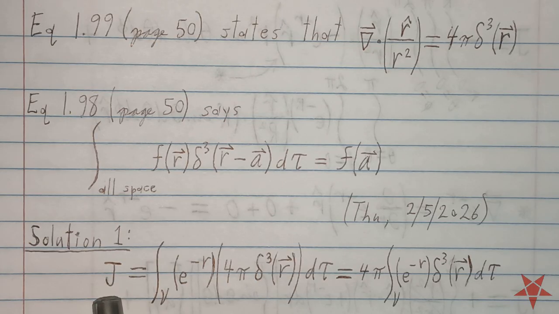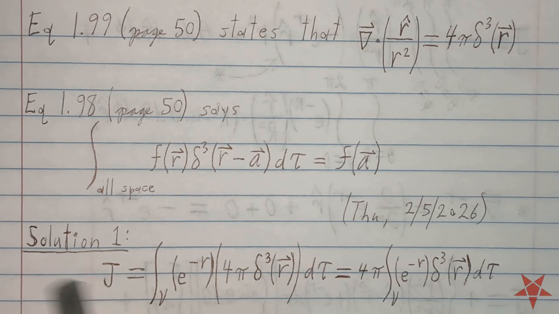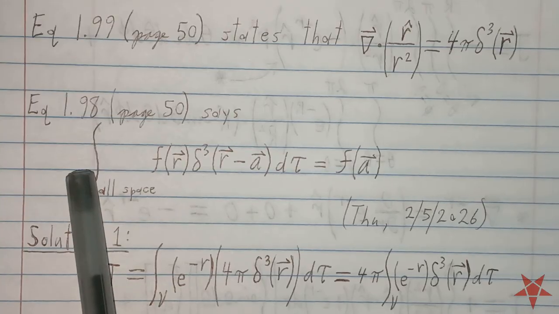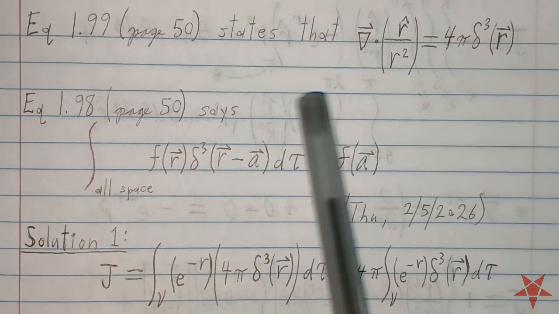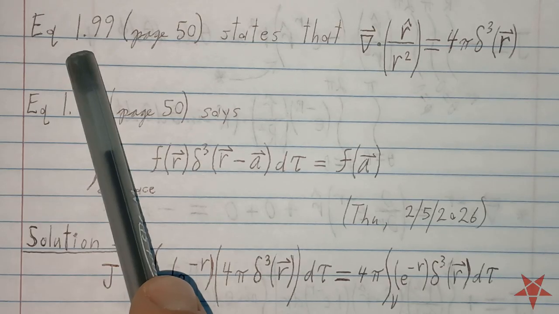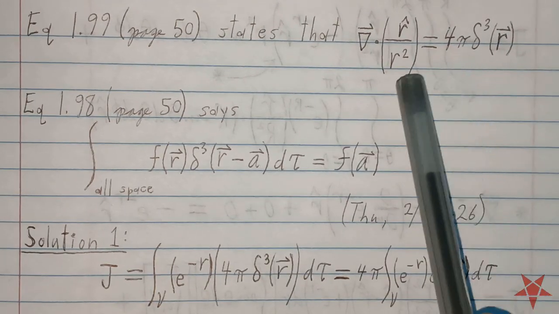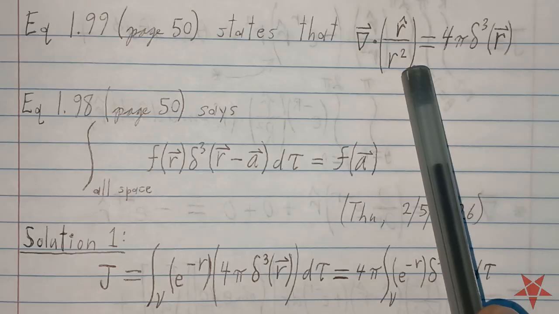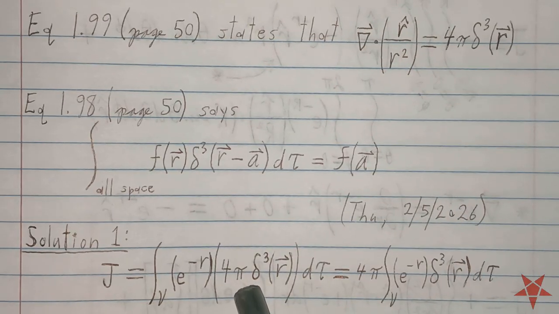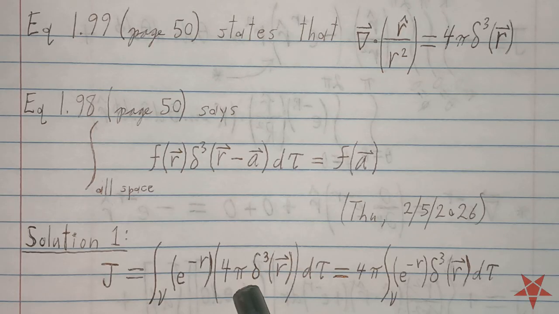All right, so in order to evaluate J, we're going to be using the two previously described formulas in the textbook. We're going to be using equation 1.99 in order to substitute in for the divergence of r hat over r squared, and you can see the Dirac delta function here for that.